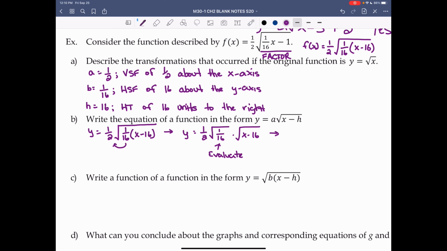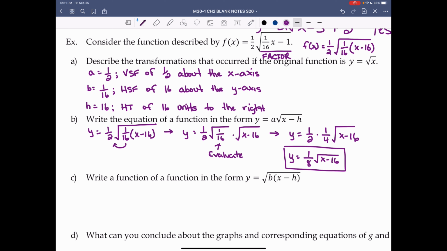So we get y equals 1/2 times 1/4 times the square root of x minus 16. And then we multiply the two fraction coefficients together to get y equals 1/8 square root of x minus 16. That's our function written with an a value and without a b value.